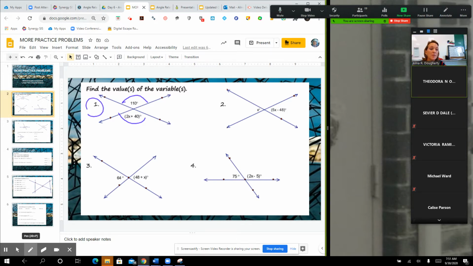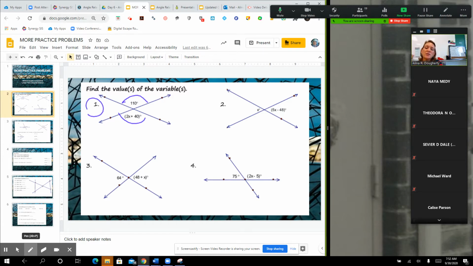Complementary means they add up to 90 degrees. Are those going to add up to 90 degrees? No, then supplementary? Supplementary is going to add up to 180 degrees. Do they add up? No? Angles mess me up. So make sure you go back and watch that video if you haven't watched the video, okay?